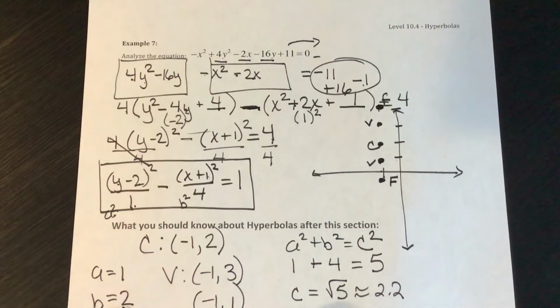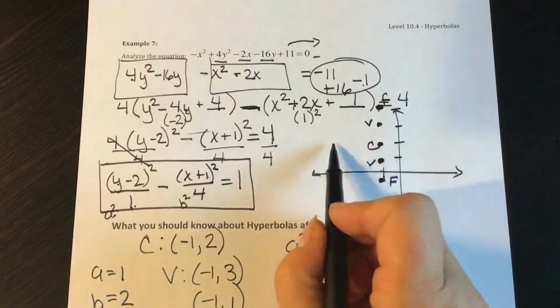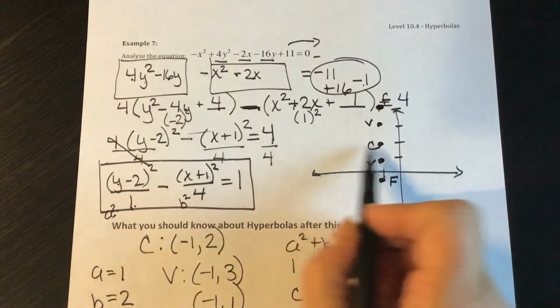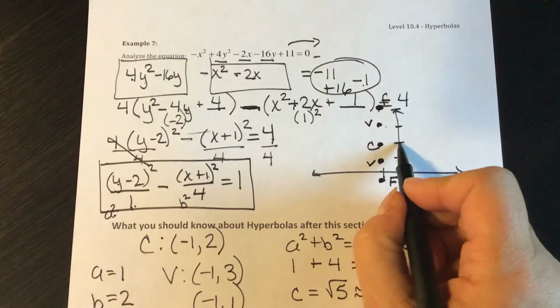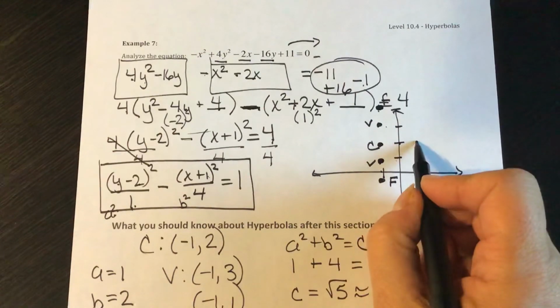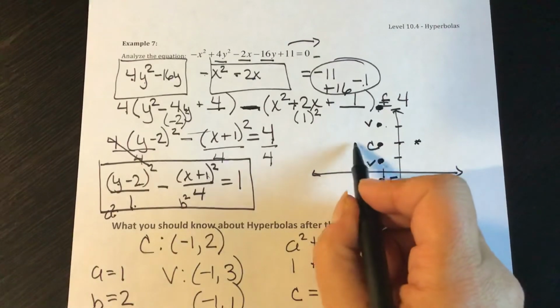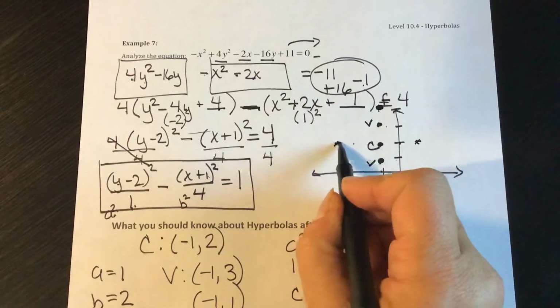And my b value is 2. So this is going to tell us on the non-transverse axis, not a part of the graph, I'm going to go 2 units. So over 1, 2. And 1, 2 here.